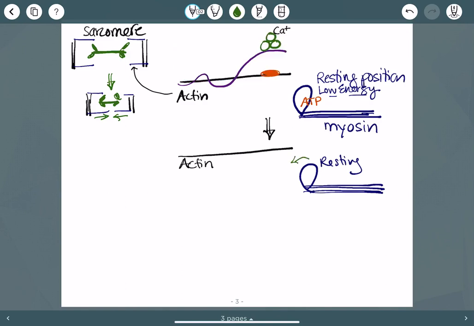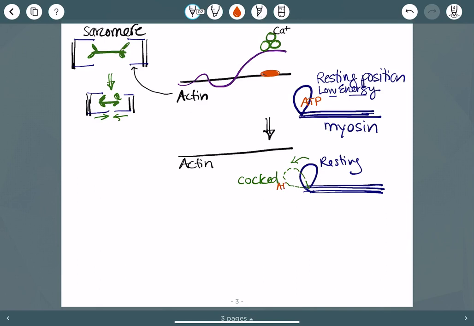You can activate the myosin head and actually bend it into a different conformational shift, sometimes referred to as the cocked position or the high energy position, by breaking off one of those phosphates from the ATP.